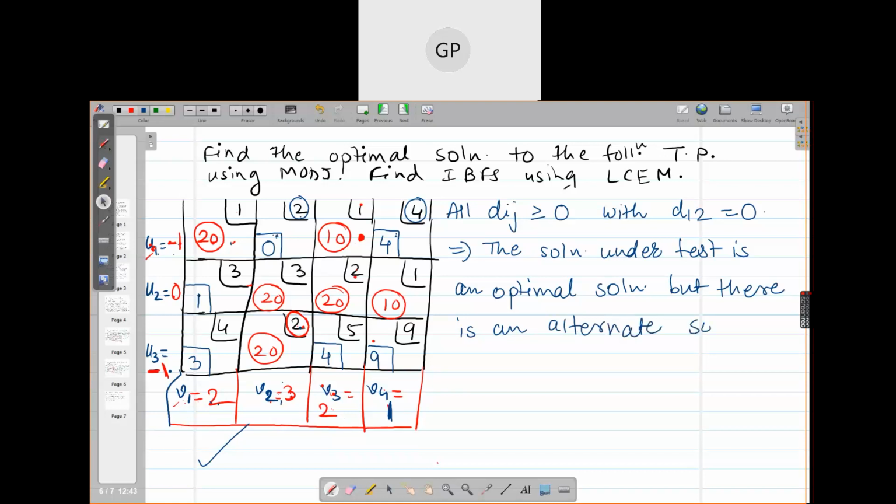So how to find the alternate solution? What does alternate solution mean? You will get different allocations, but the total transportation cost is the same. Here we did not write the TP cost. What is the TP cost here? Can anyone tell me quickly?